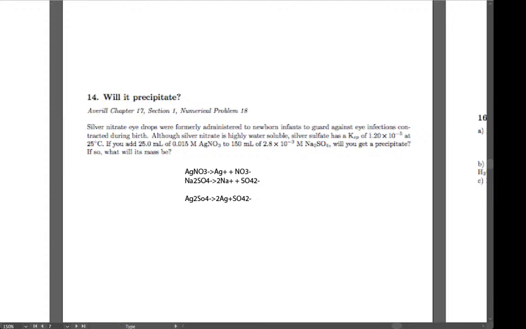I think we can do that. So when we know what the KSP is, you can just plug it into the formula. KSP would equal the concentration of Ag plus to the power of 2, there we go, multiplied by SO4 2 minus.